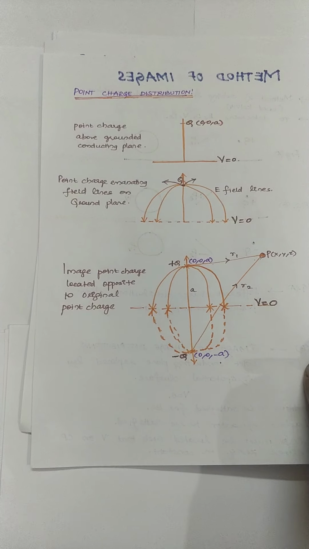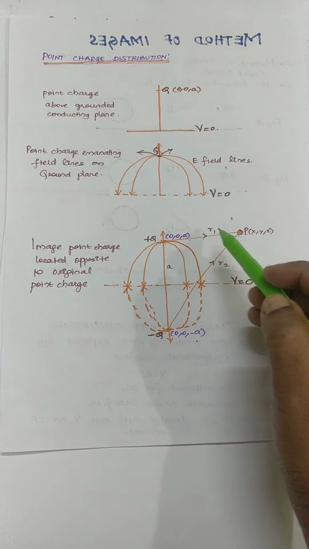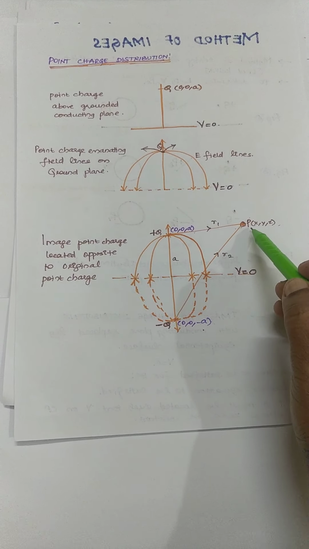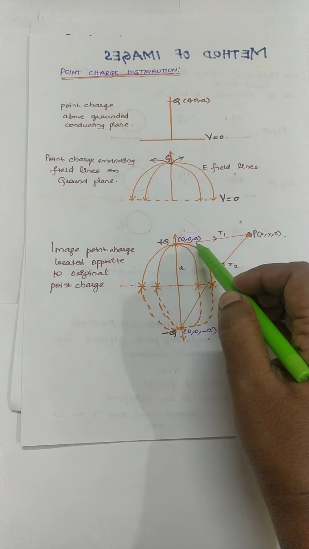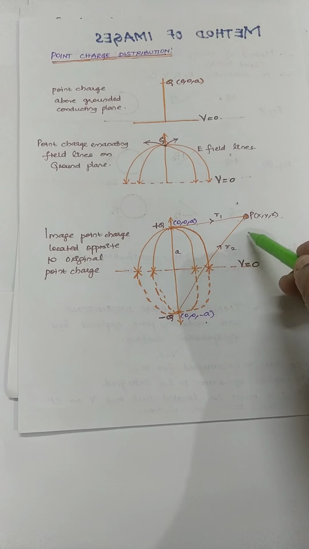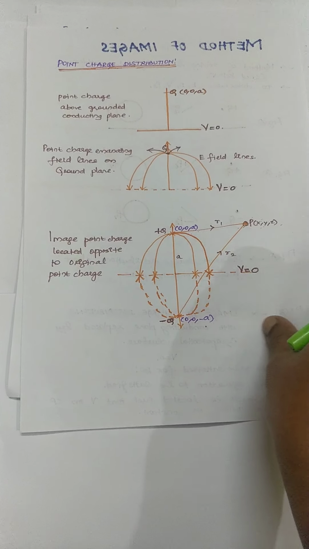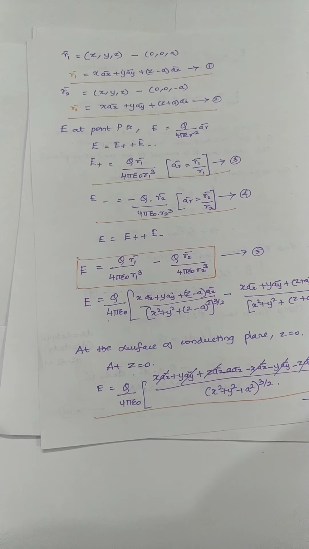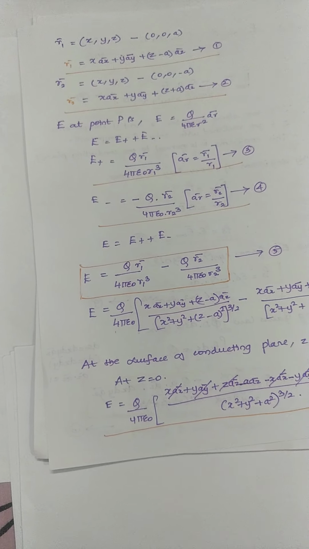R1 is defined between the points (0, 0, A) and (x, y, z), so R1 is x minus 0, y minus 0, z minus A. Likewise, R2 is x minus 0, y minus 0, z minus of minus A. I am naming these equations 1 and 2.